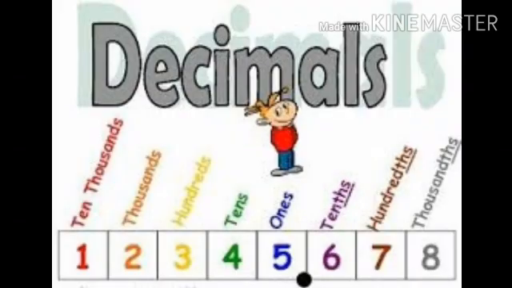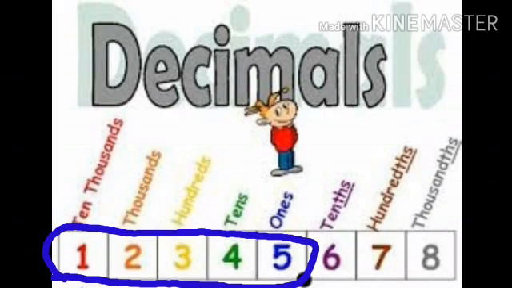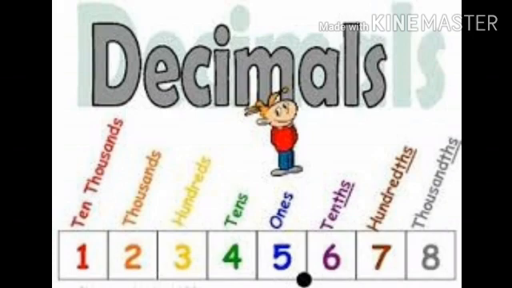Now, let us see one example to write the place value of each digit of a decimal number. In this example, the whole number part is 12,345 and the decimal part is 678.